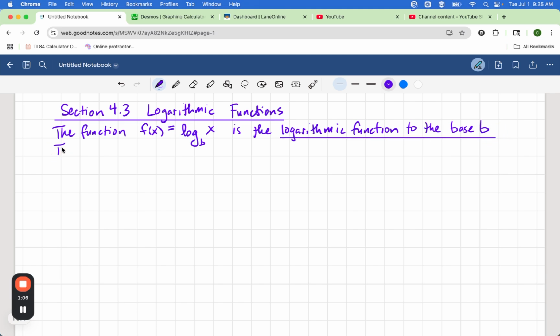The reason why log functions exist is we had to figure out a way to describe the inverse to an exponential. So the log function is the inverse to the exponential function.